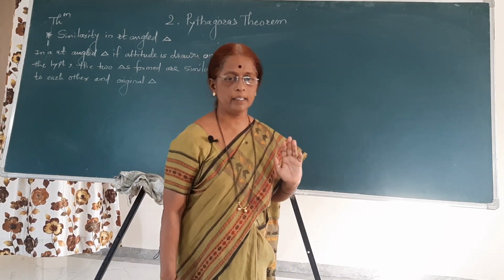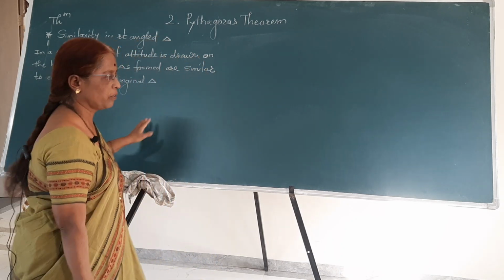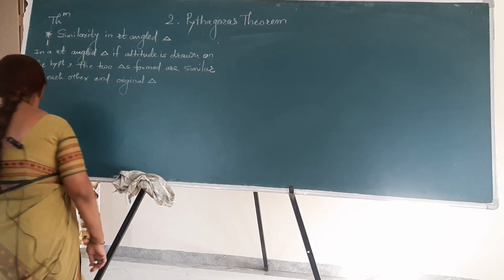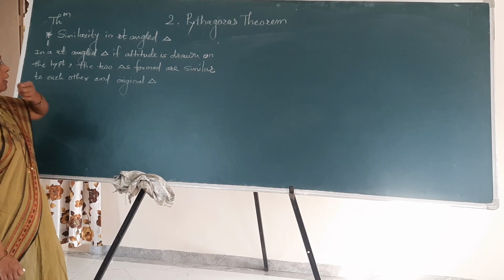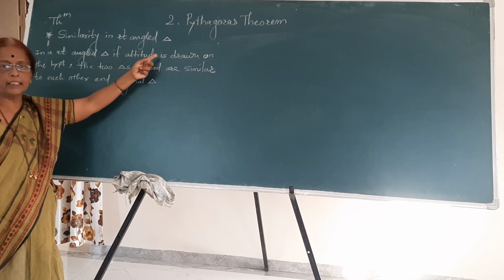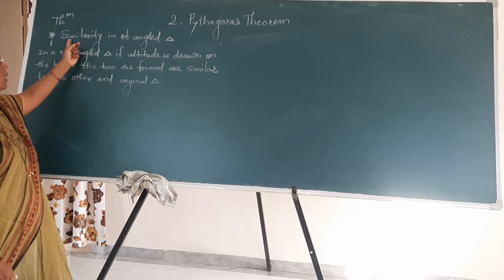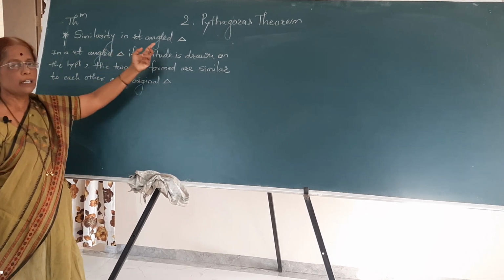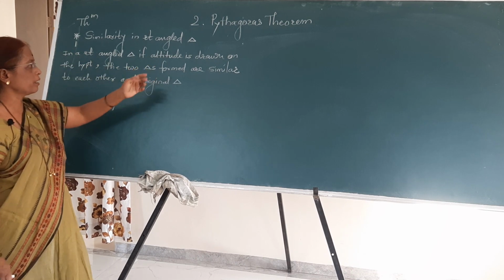Now in 10th standard we are going to begin with this theorem. The first theorem of this lesson in the 10th standard is similarity in a right angled triangle. The name of the theorem is similarity in a right angled triangle. The statement I have already written on the board.